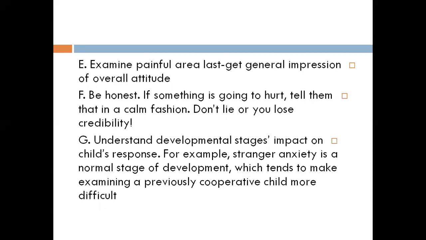For example, stranger anxiety is a normal stage of development which tends to make examining a previously cooperative child more difficult. يعني أنا من أفحص طفل infant عمره 3-4 أشهر، هذا من النوع اللي يتشاقى ويلعب وأقدر أفحصه براحتي. من الطفل يبدي يكبر ويبدي يفتهم ويبدي يصير عنده stranger anxiety، نفس الطفل ممكن راح يتعامل وياي بغير شكل، وممكن ورا سنة سنتين إذا رجع لي وأنا الطبيب مالته ممكن يكبر ويصير أهدأ ويتعامل وياي بغير شكل. أنا ما أحكم على الطفل إنه هذا الطفل عنده some sort of psychological disturbance مجرد إنه تغير الاتيتيود اتجاهي because they react to doctors in different age stages.